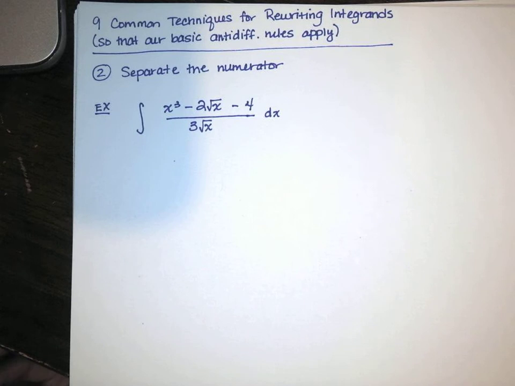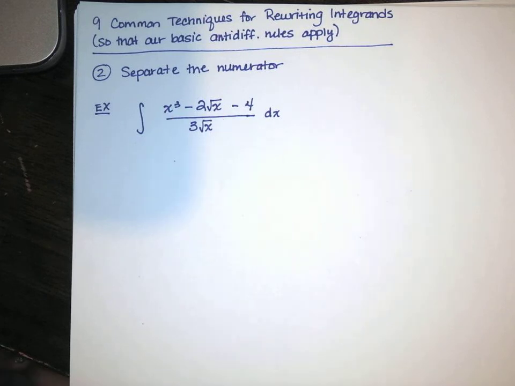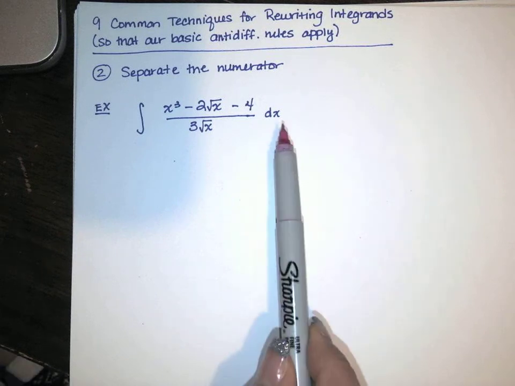The next possibility would be a u substitution, but here there's really not a clear choice for u. I could let u equal maybe the square root of x. I could write that in terms of u, but the derivative of the square root of x ends up with a 1/2 x to the negative 1/2 times dx.